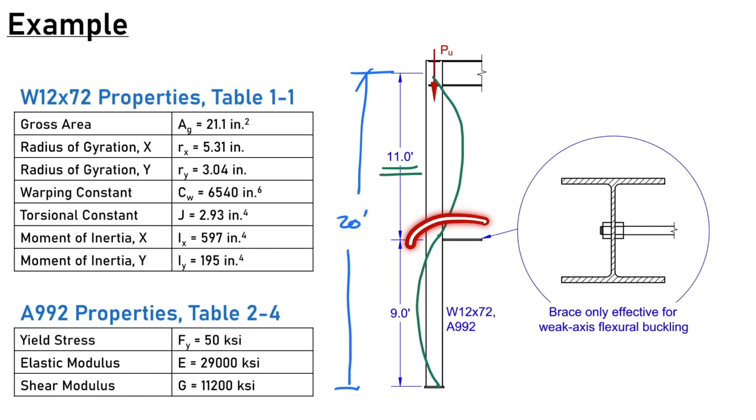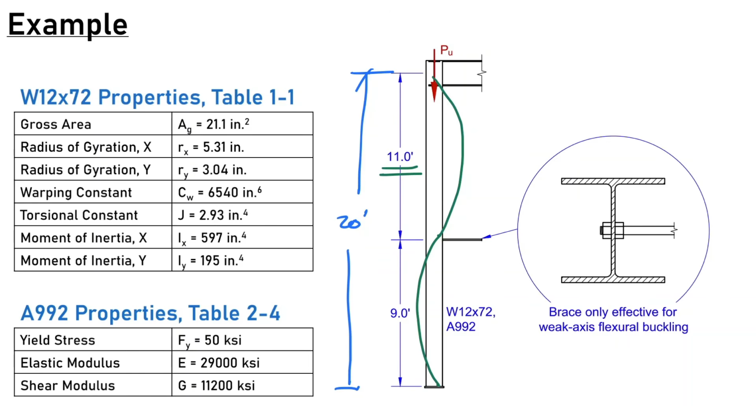If we replace this rather unconventional brace with a more conventional beam style brace at that location, it's very likely that that brace would constrain weak axis flexural buckling and the torsional buckling, at which point we would use the 11-foot unbraced length for both of those failure modes. However, strong axis flexural buckling may still be effectively unbraced if I'm only framing that beam into one side of the column, in which case we could check that, perhaps conservatively, using a 20-foot unbraced length.